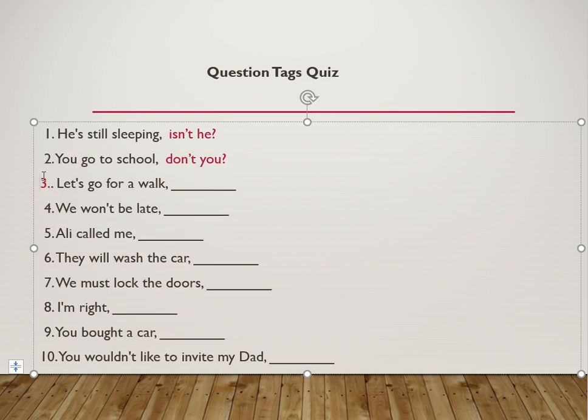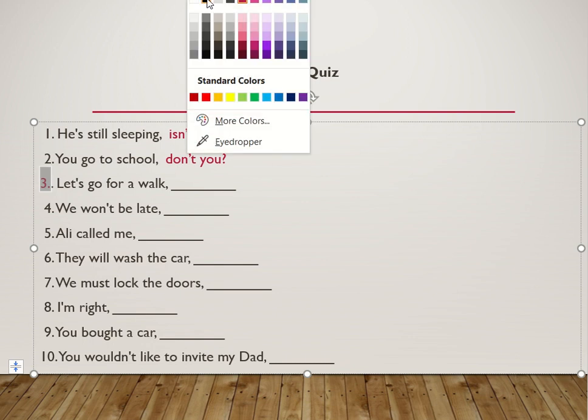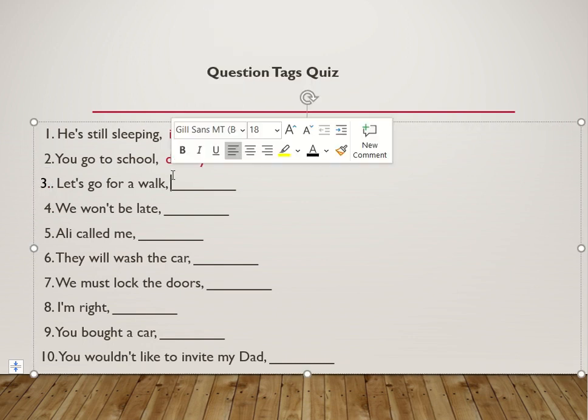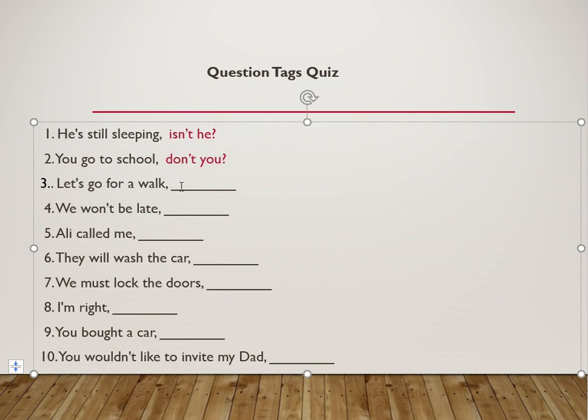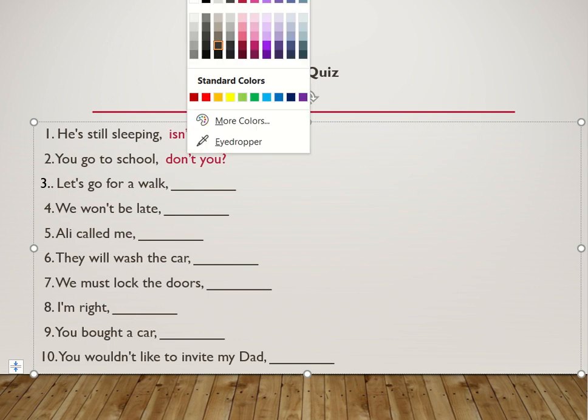Now let's go and finish the third one. Okay, let's go for a walk. How can we put the question tag here? Can you remember? How can we add the question tag?